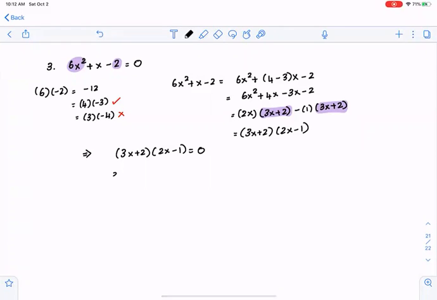Set each factor equal to 0. 3x plus 2 equals 0 would mean 3x is equal to negative 2. x would be equal to negative 2/3. 2x minus 1 equal to 0 would mean 2x is equal to 1, and x is equal to 1/2. So those would be the solutions to the given equation.